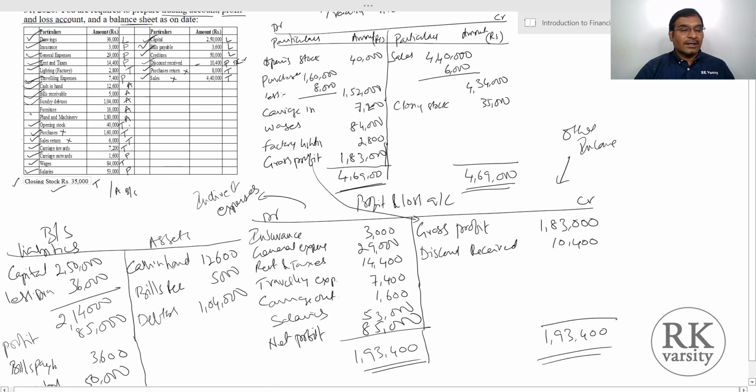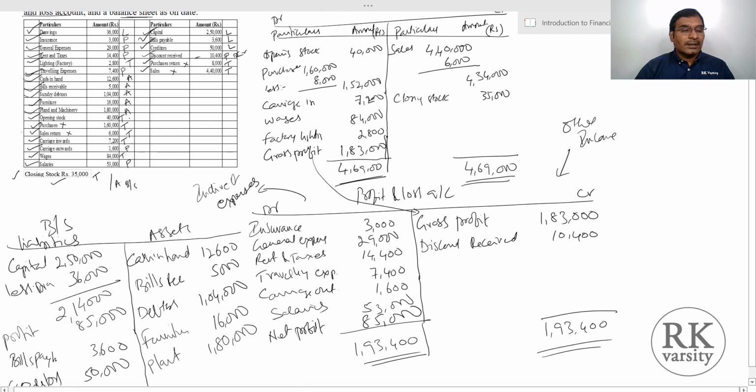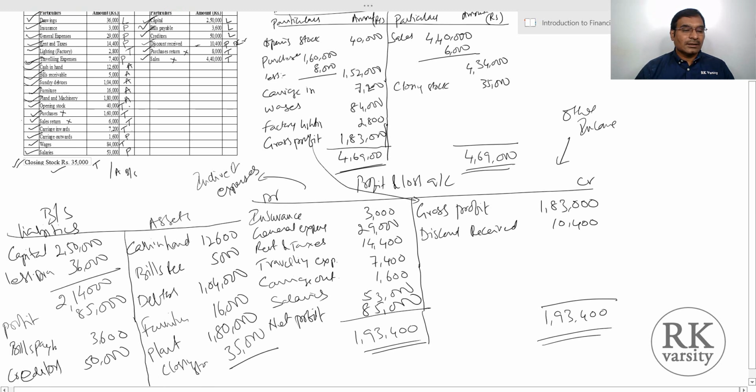Then furniture 16,000. Then plant and machinery 1,80,000. Then any other item left out? No. Then you have closing stock 35,000. So I guess we entered all the items.